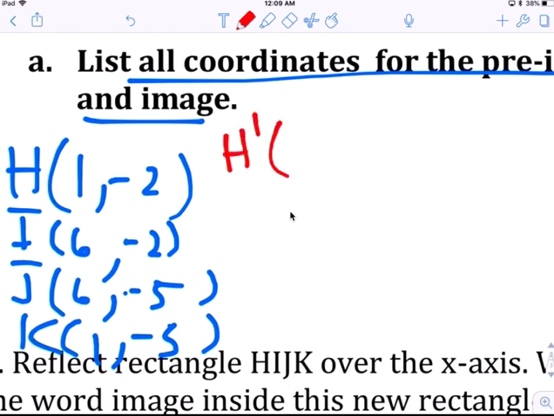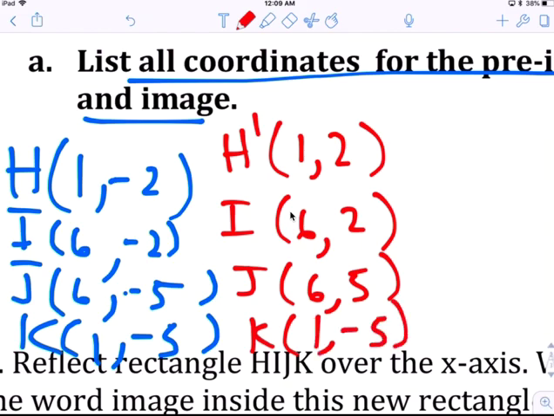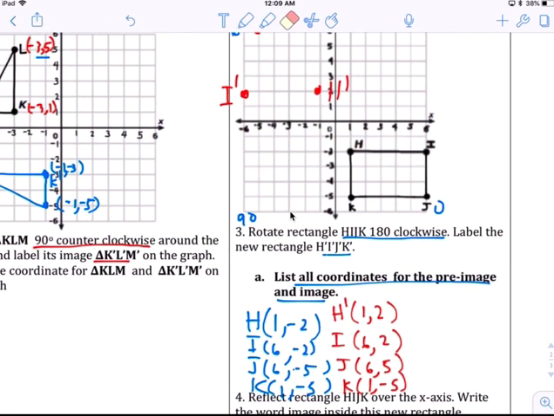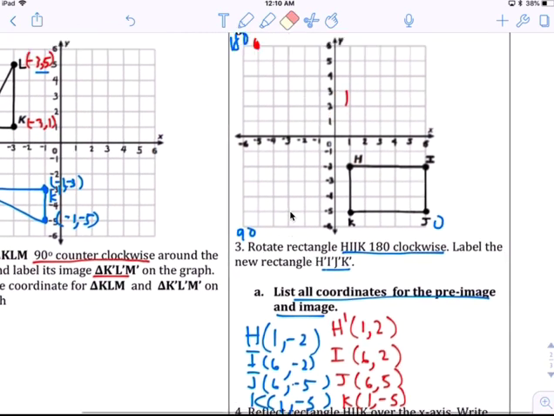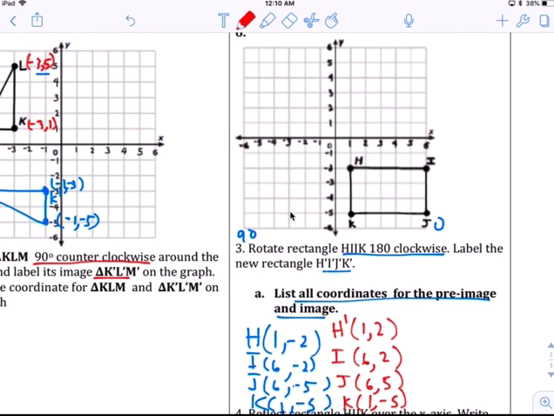H prime, 1, 2, 180 degrees, stays the same. I, 6, 2, J, 6, 5, K, 1, negative 5, okay? Okay, so 1, 2. Start over. 1, 2, right there. That's negative 1, 2. That is H prime.